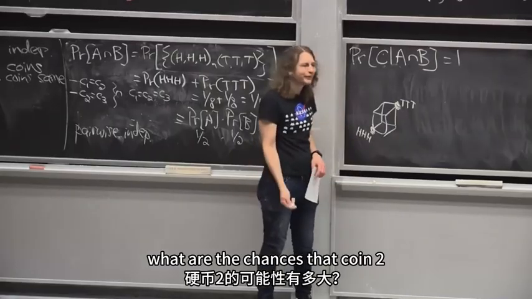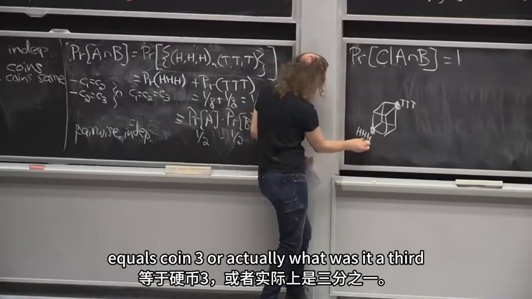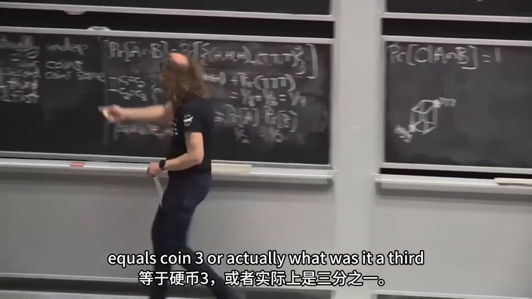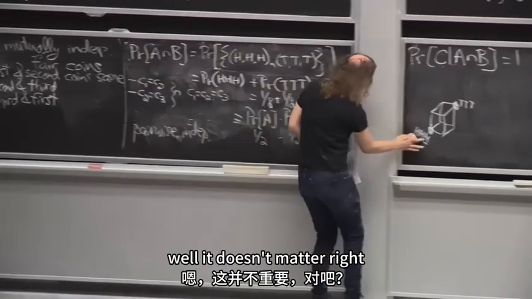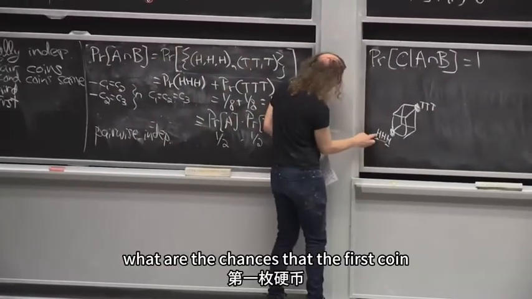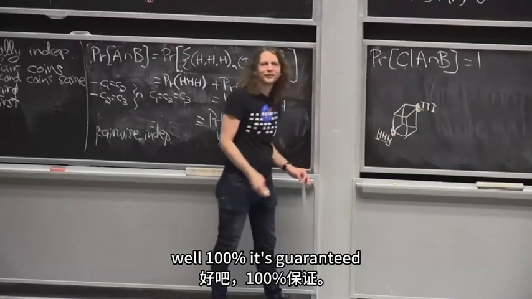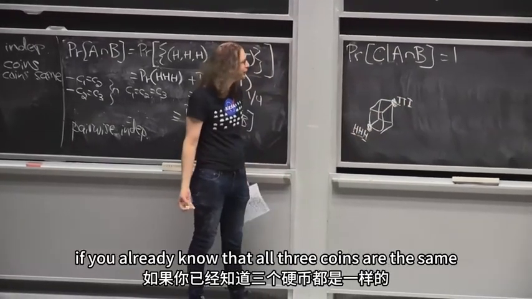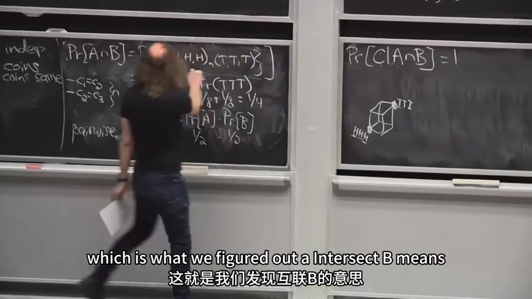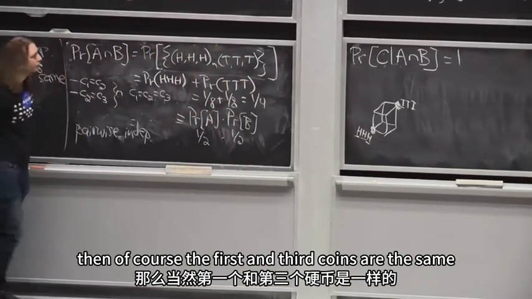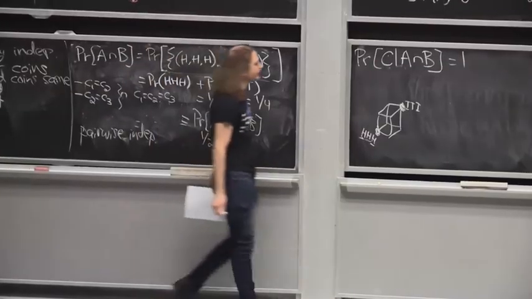And so if we zoom into just those two places, and we want to evaluate, well, what are the chances that the first coin and the third coin are the same in these two scenarios? Well, 100%. It's guaranteed. If you already know that all three coins are the same, which is what we figured out A intersect B means, then of course the first and third coins are the same.